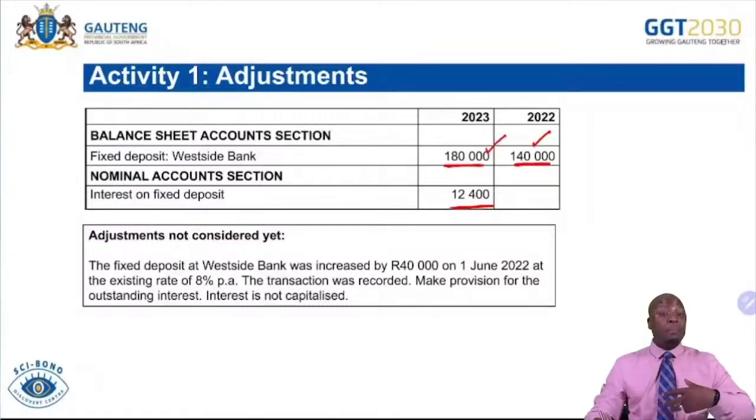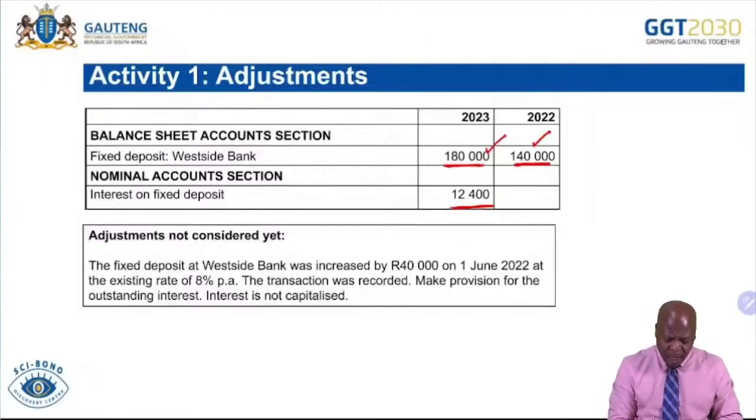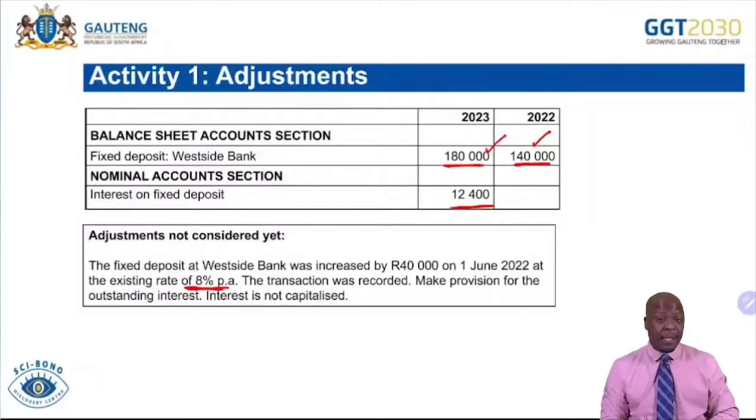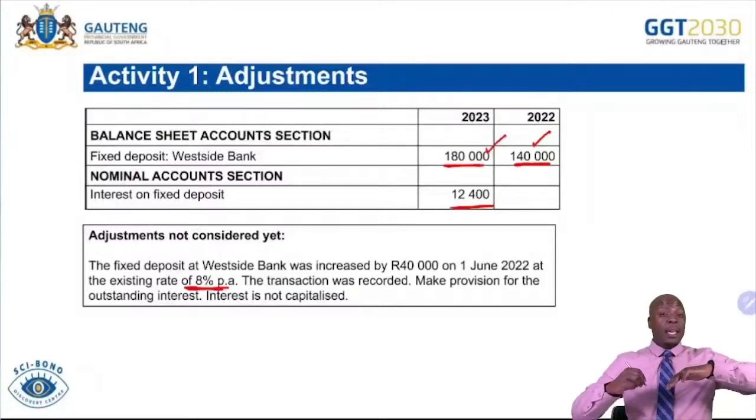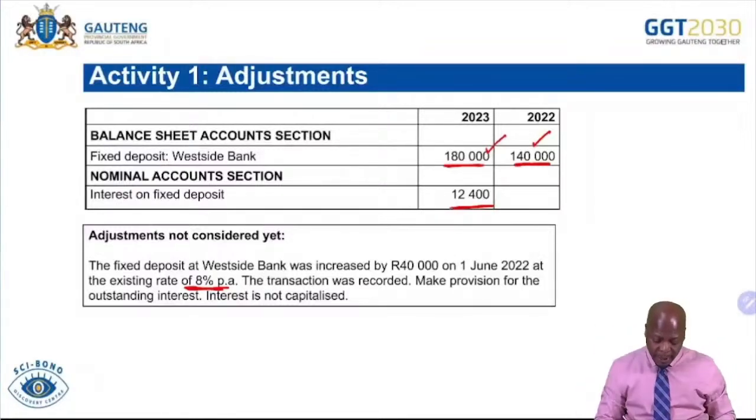The fixed deposit has been increased by 40,000 on the 1st of June 2022 at the existing rate of 8% per annum. So they're telling us that the interest rate has remained constant. However, the amount of fixed deposit has increased from 140, now it is 180.